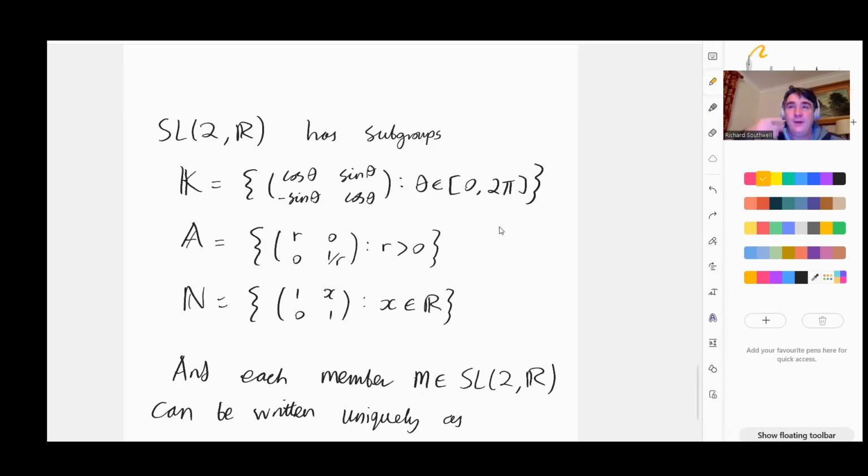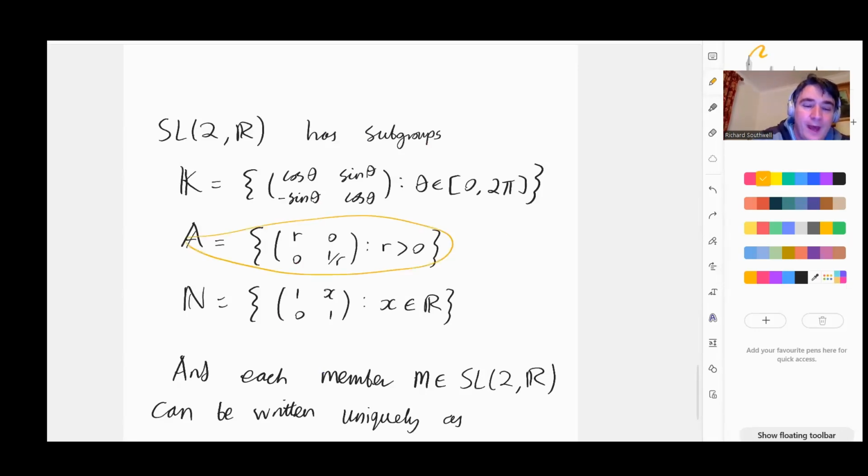It turns out that this is a very special family of matrices that has a really lovely way of thinking about it geometrically. So basically, in this case, there are going to be three really important subgroups. This one, which we call K, is basically SO2, or we could think of it as the circle group. And so we've already seen this subgroup before.